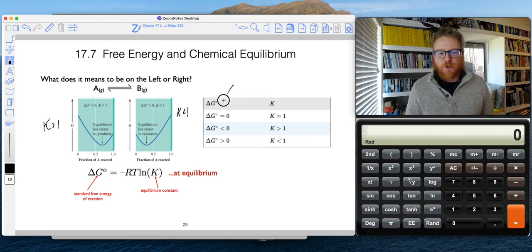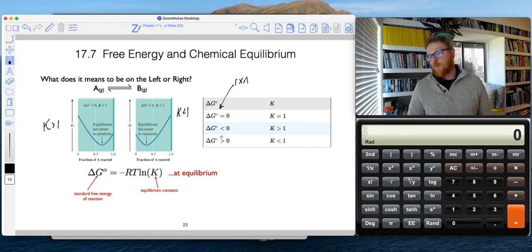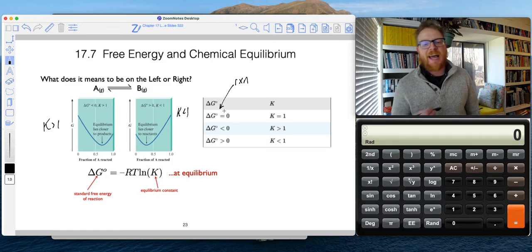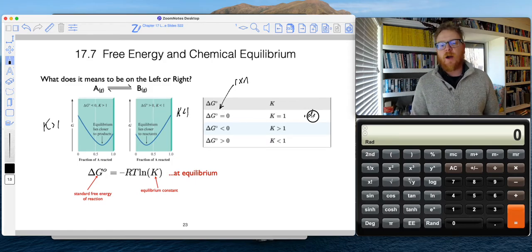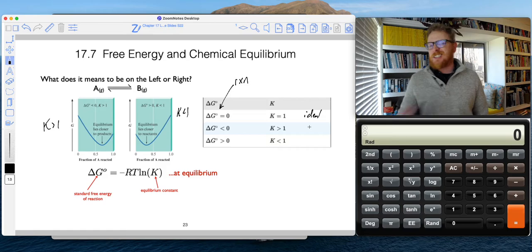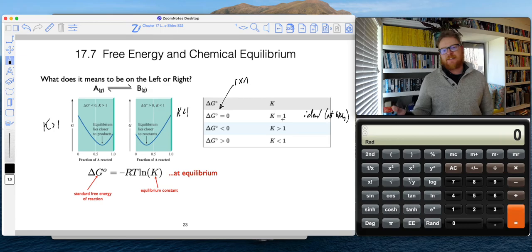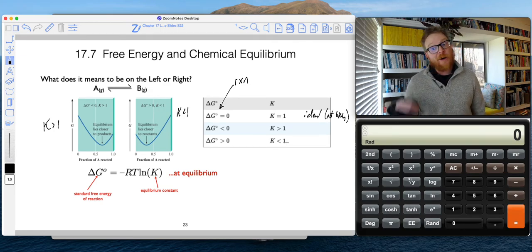So we can see here for the perfect scenario of K equaling exactly 1, that will correspond to a free energy of reaction. It's important to note that this is now talking about the reaction. That would give me a free energy of reaction of exactly 0. This is a super ideal situation, which is just not very likely. We've never had a scenario where we see an equilibrium constant being exactly equal to 1. What we see instead is typically K greater than 1 or K less than 1.